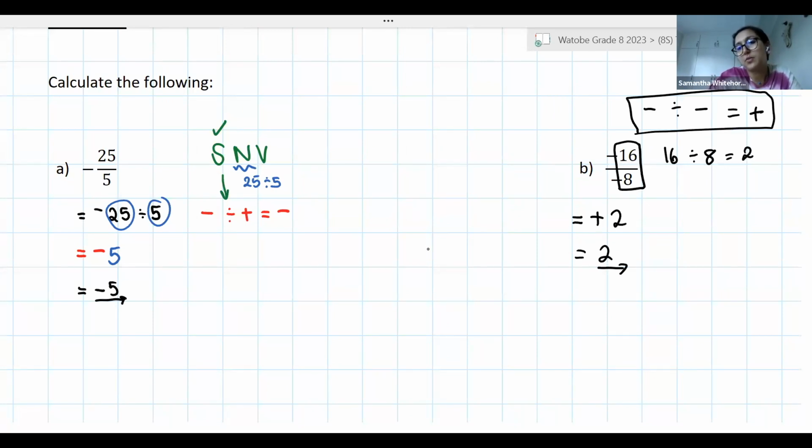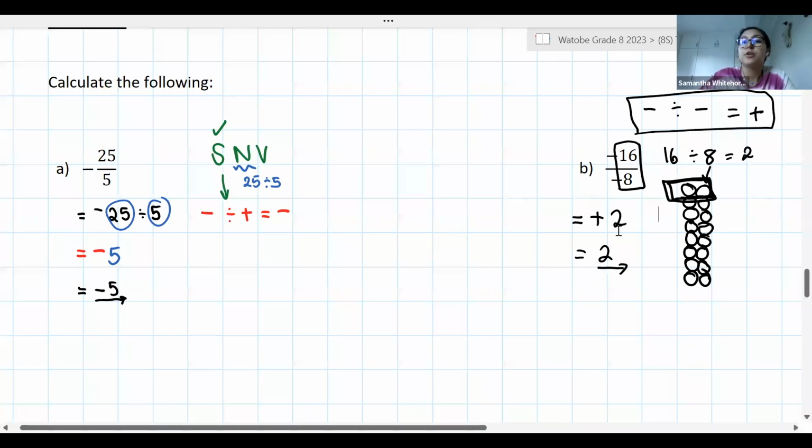So if I think about what this actually means, if I've got 8 groups of 2, I've got 16. So if I divide 16 by 8, I get 2. I did my division separately. Because I've got a negative divided by a negative, the answer is positive, and 16 divided by 8 is 2.